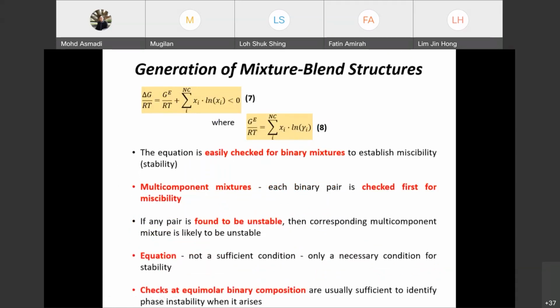For a multi-component mixture, check first to see the miscibility. It is not a sufficient condition, only a necessary condition for the stability, so you have to check the equimolar binary composition also. So we have to follow this one below.